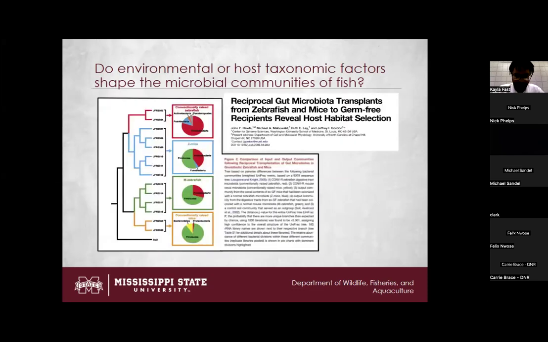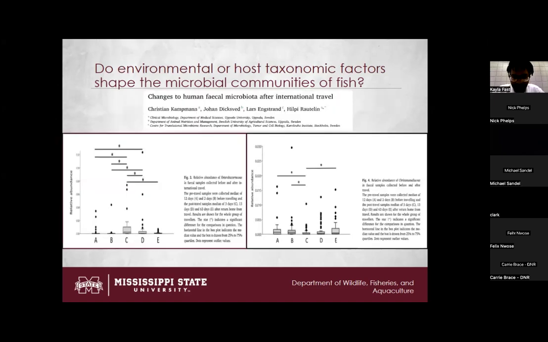Looking at this study here, we see that if you transplant the bacterial communities in the guts between a mouse and a fish, the bacterial communities after being transplanted will revert back to the original bacterial community composition of the host. And that shows that the host taxonomic factors really help influence the bacterial community composition on the insides of animals.